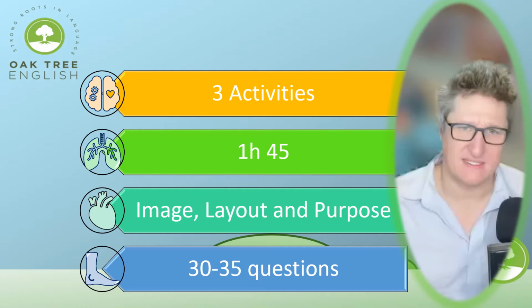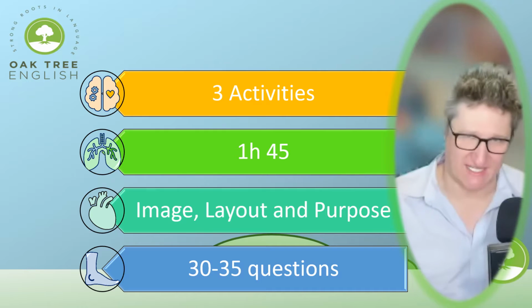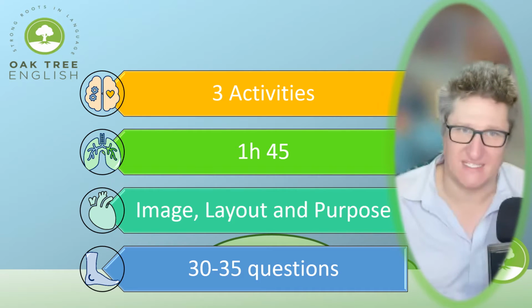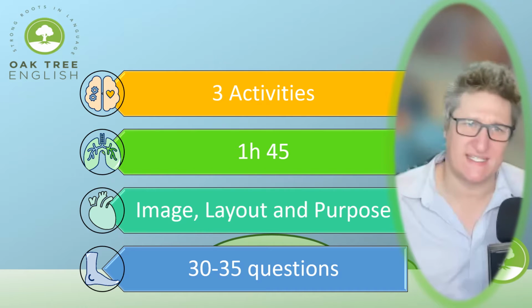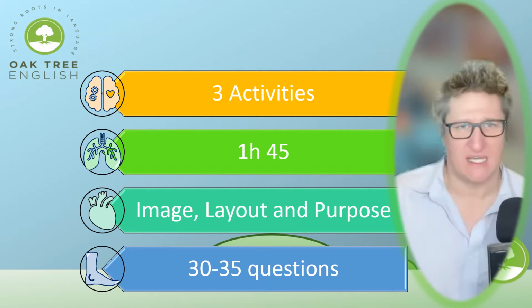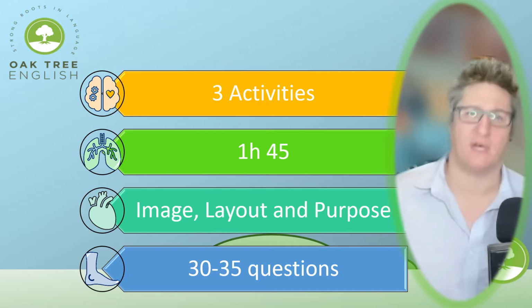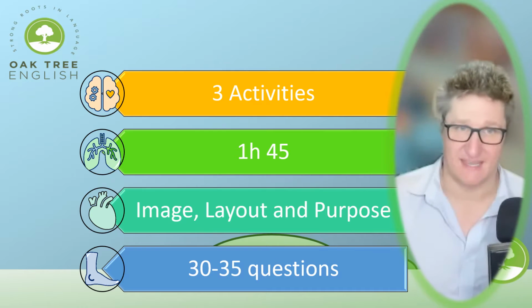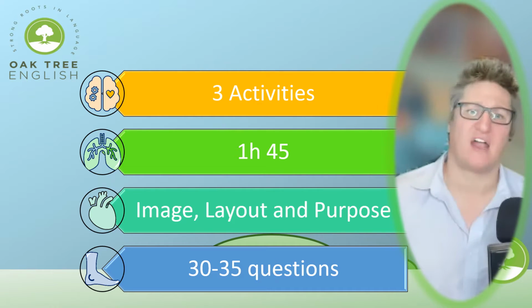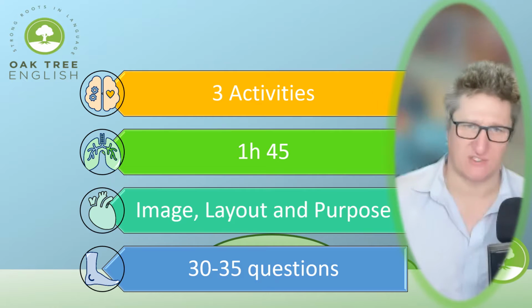Another is understanding layout, and the last one is understanding gist, also known as main idea or purpose. Each is tested twice in each exam. If you get both wrong, you cannot pass and will have to retake the exam. In total, there are around 35 questions.